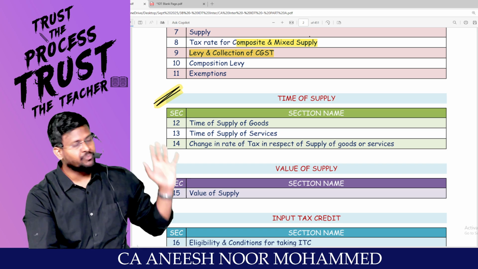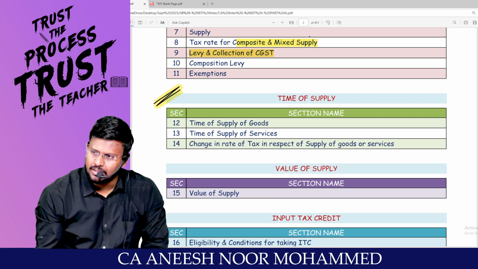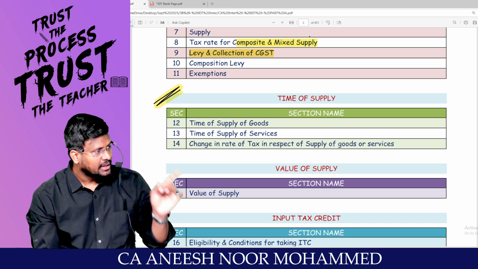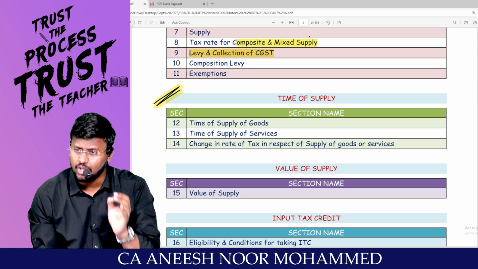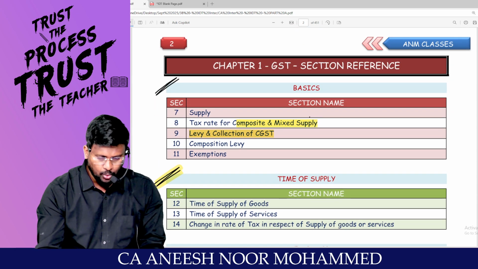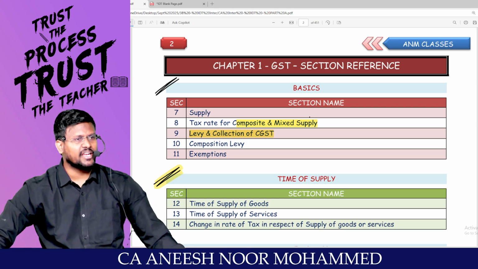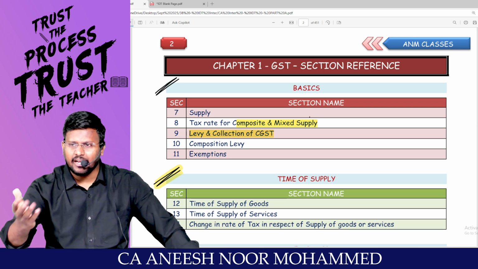Are you really with me? What is section 12? Time of supply of goods. What is section 13? Time of supply of services. What is section 14? Time of supply in case of change in rate of tax. So, what is section 7? Supply. Section 8, tax rate for composite and mixed supply. Section 9, levy and collection of CGST.